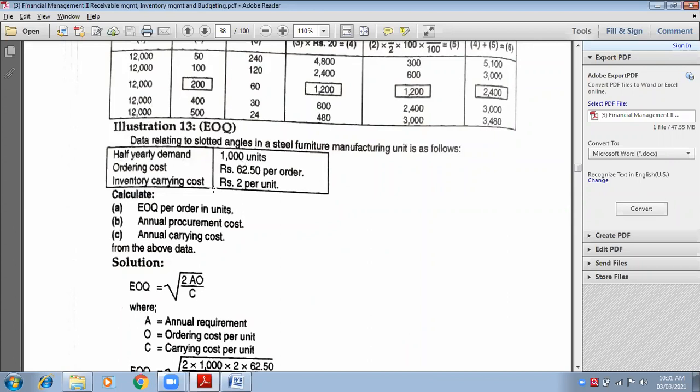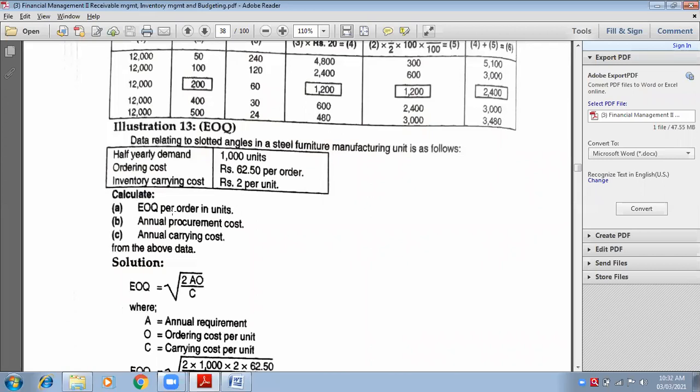Ordering cost is rupees 62.50 per order. Inventory carrying cost is rupees 2 per unit. So everything is correctly given. Ordering cost should be per order and it is given per order. ICC should be given per unit, and it is given per unit. But annual demand is not given in the question.